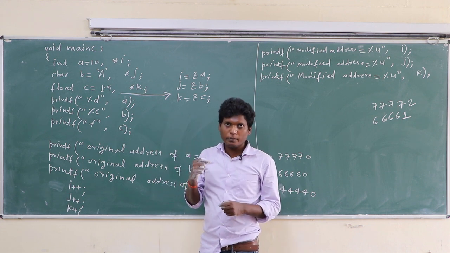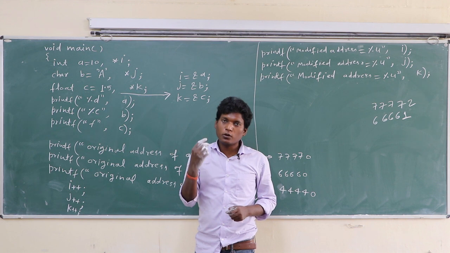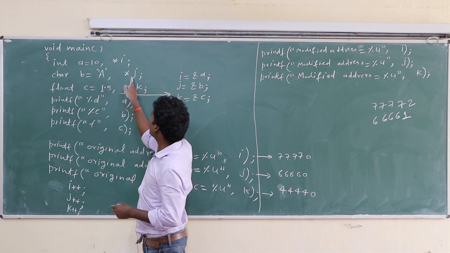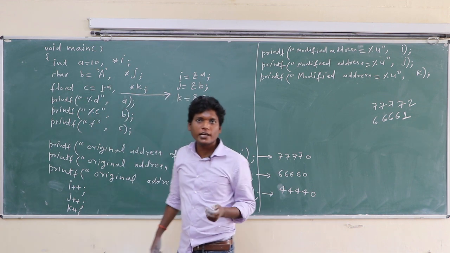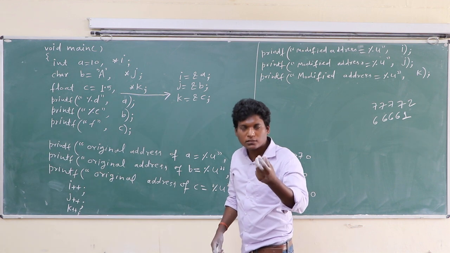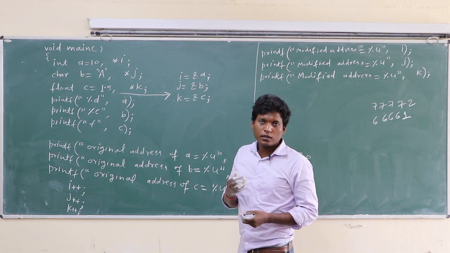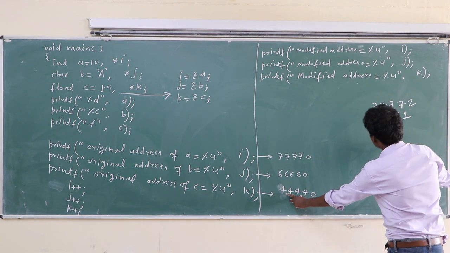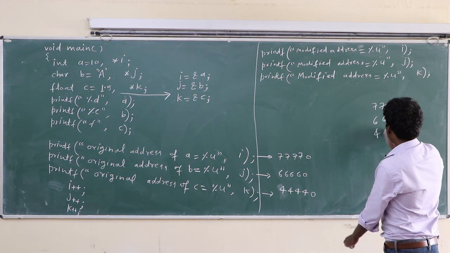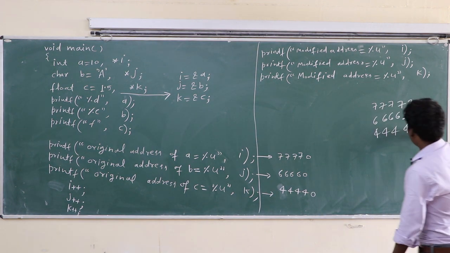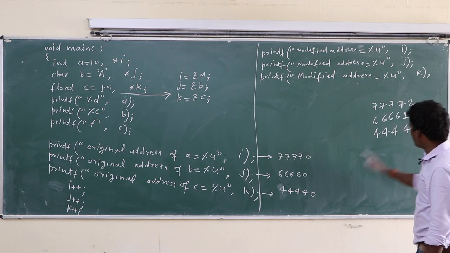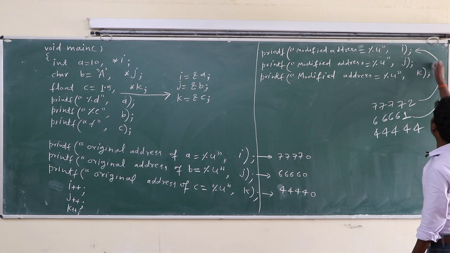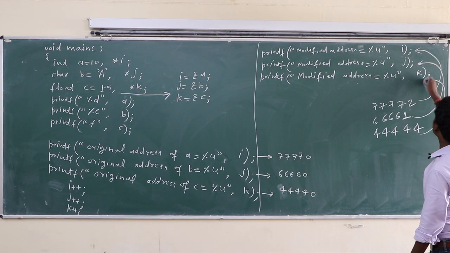So the next location has its address incremented by 4 bytes, because K is a pointer to float, and float has size 4. Previously K had this address, now K has address 4 4 4 4 and 4. In place of 0 there will be 4. So this is the output of this, and this is the output of this, and this is the output of this.